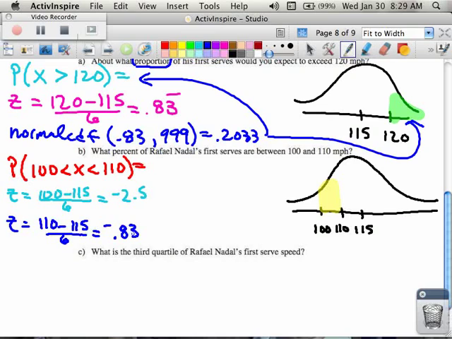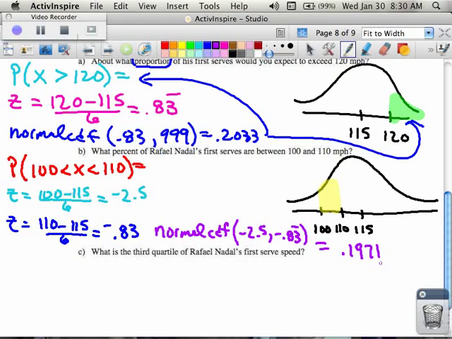Which means that if I'm trying to find my answer, I will go normal CDF, and then I'll write down those two numbers, negative 2.5 with a comma in between, negative 0.83. Don't know how many decimal places you're going to be going out. And my decimal will be the proportion that I get in between, and I get roughly 0.1971.